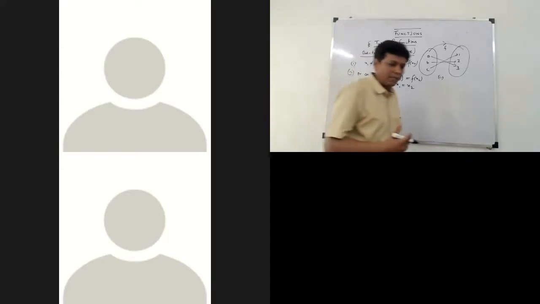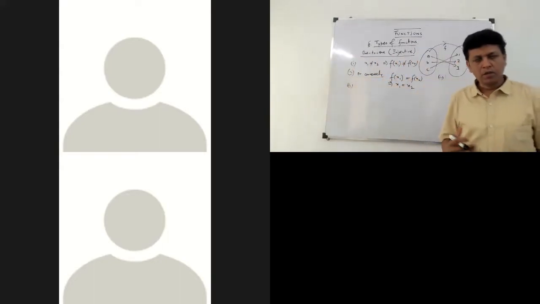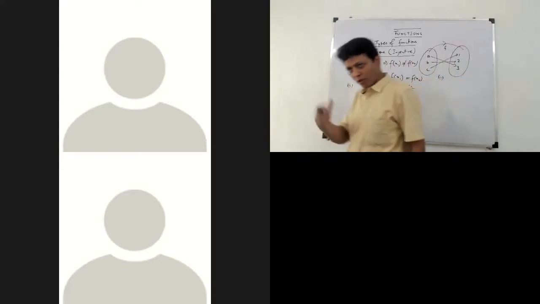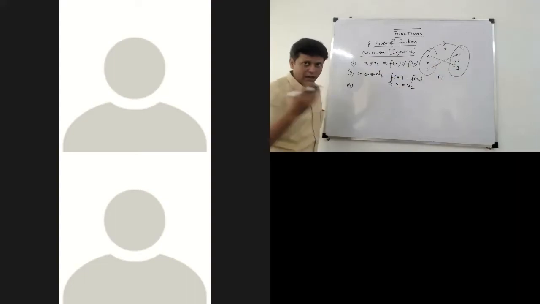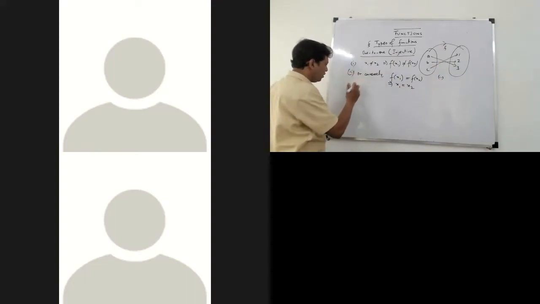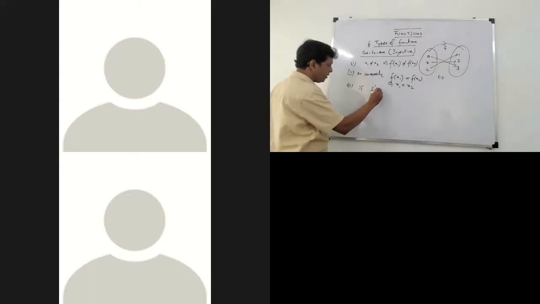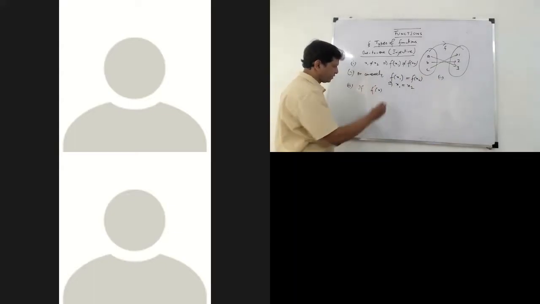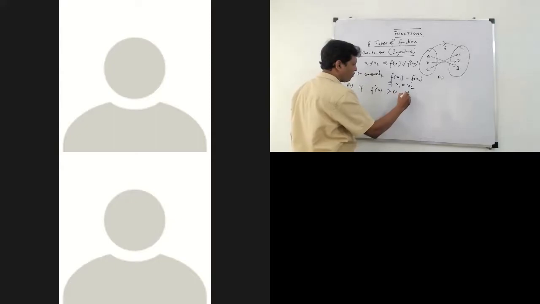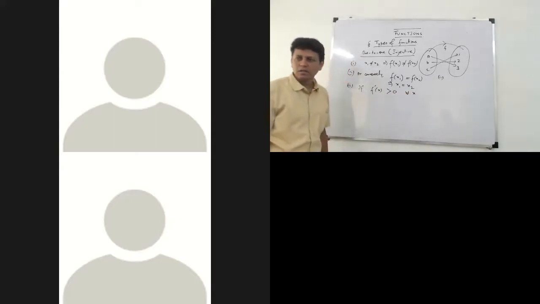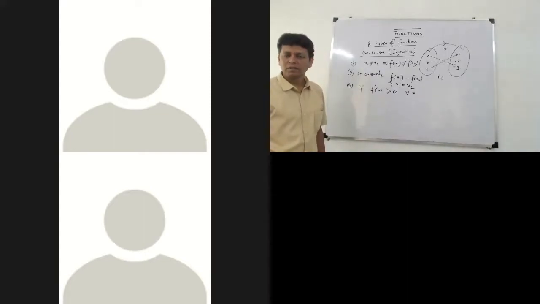I will take some help from the calculus. You know the first order derivative. You know the differentiation. If you are differentiating something, I will take the advantage of the differentiation. So if f dash x is greater than 0 for all x, then the function is one-to-one.